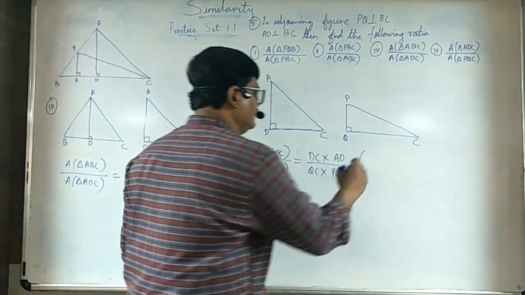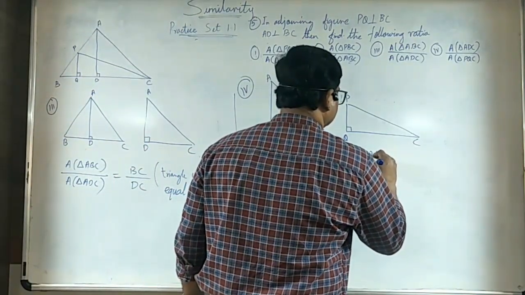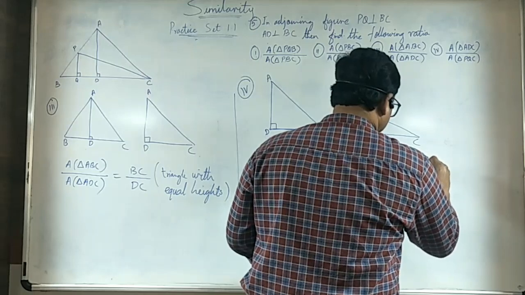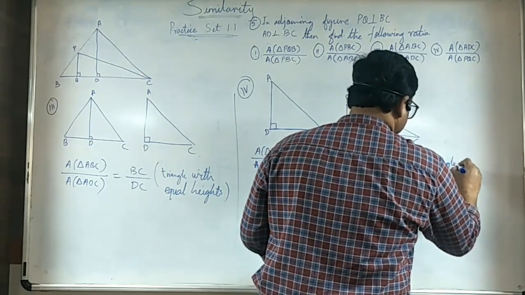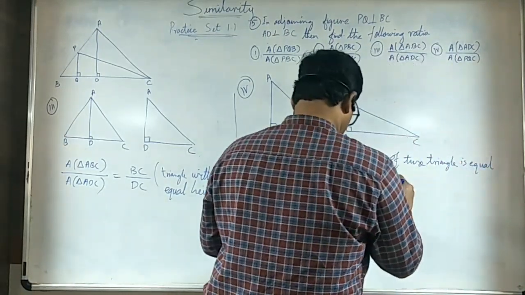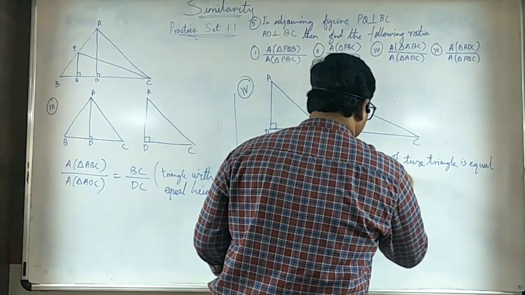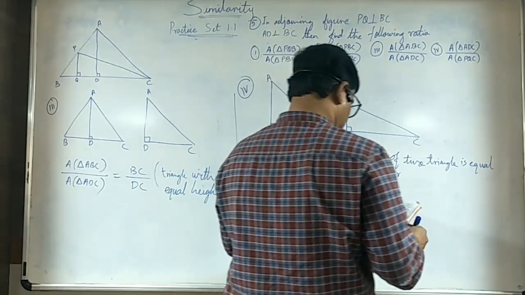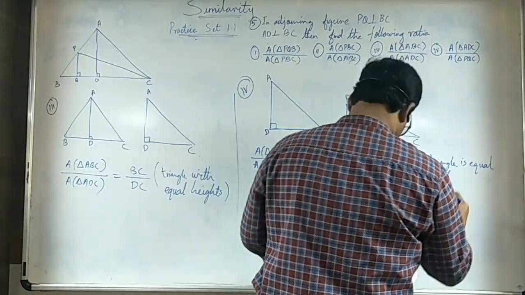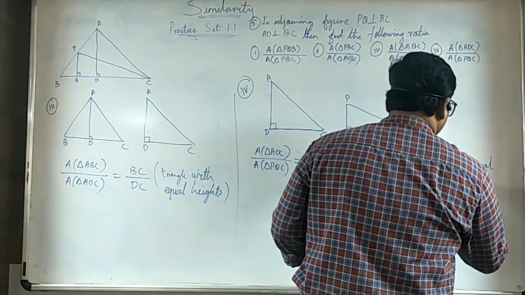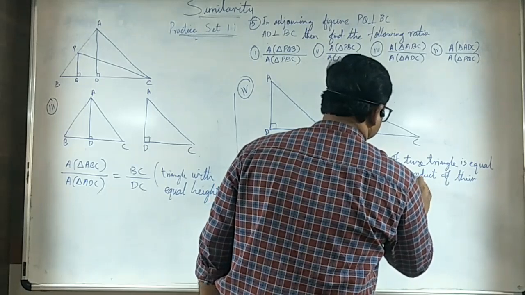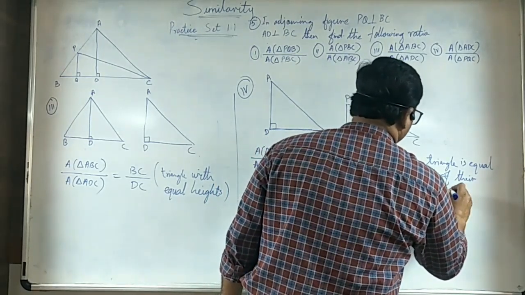In this case, the ratio of two triangles is equal to their product of their corresponding bases and heights.